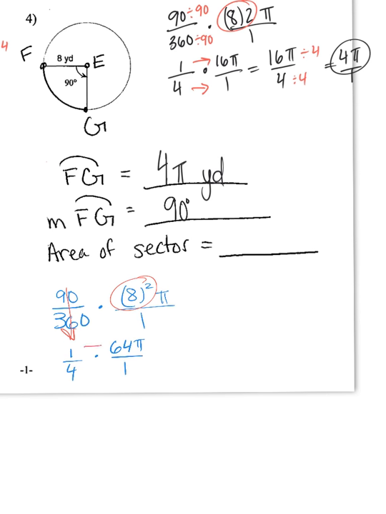So we can go ahead and multiply straight across, and we get 64 pi over 4. Both of those numbers are divisible by 4, so I can divide both the top and the bottom by 4. 64 divided by 4 gives me 16 pi. 4 divided by 4 is just 1, so my answer is 16 pi yards squared.